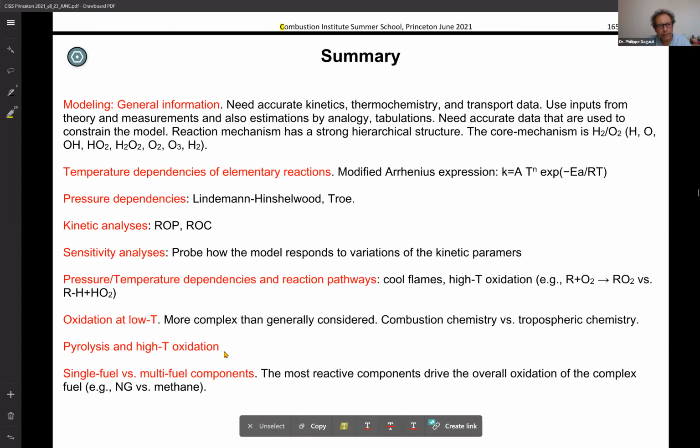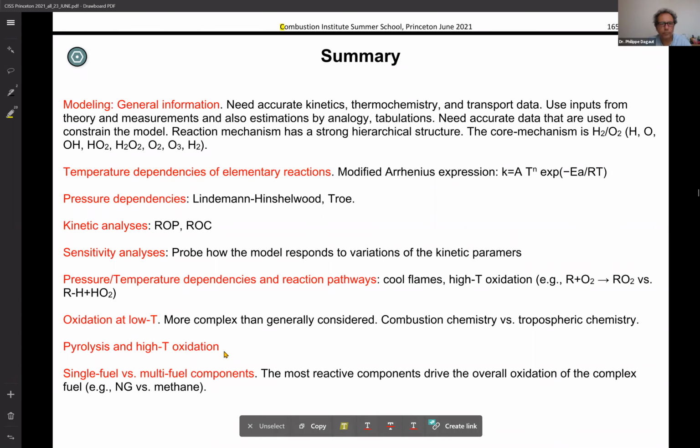I briefly introduced the effect of small quantities of higher hydrocarbons on the oxidation of smaller or less reactive species. What I told you is that the most reactive components drive the overall oxidation of the complex fuel.